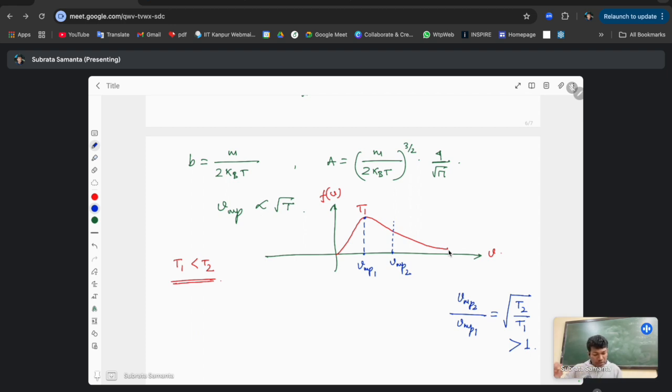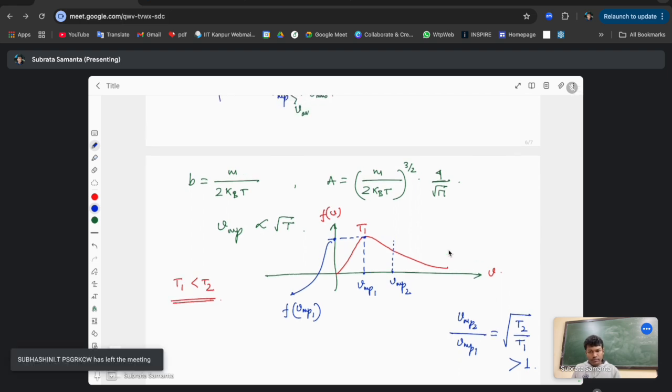Now the second question is what is the value of the maximum. I know where the maximum is, but what is its value? This peak value is basically f of v MP1.